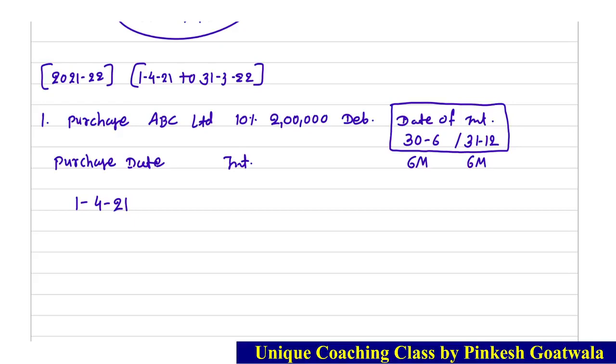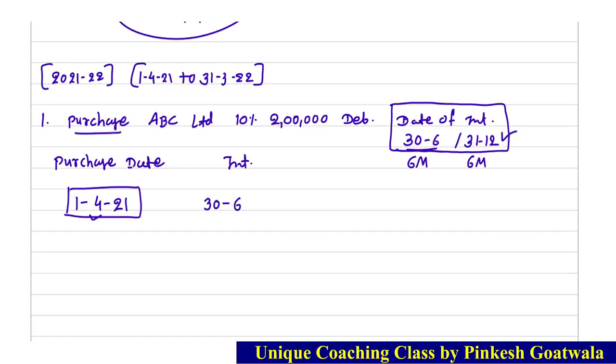So now tell me, if a debenture was purchased on 1st April 21, how much interest will the person who purchased it get? We just have to check on 30 June whether that person has the debenture. Yes, he purchased on 1st April, and no sale is given. On 31st December too he has the debenture.